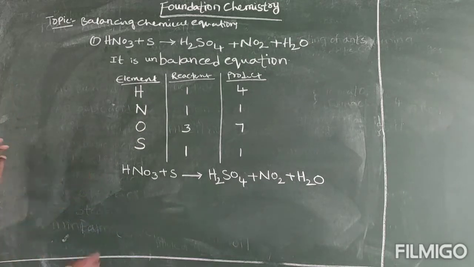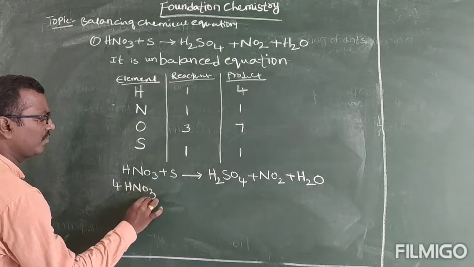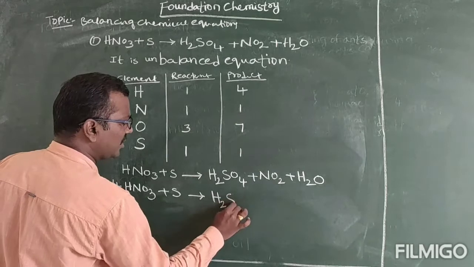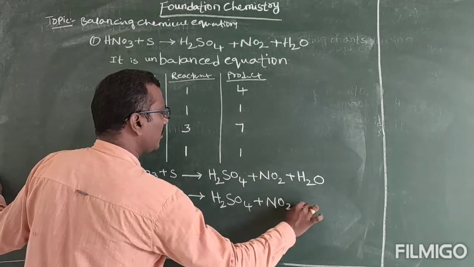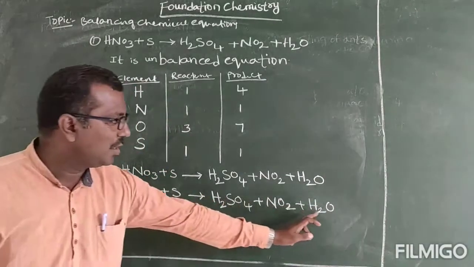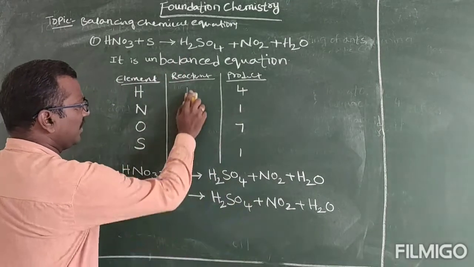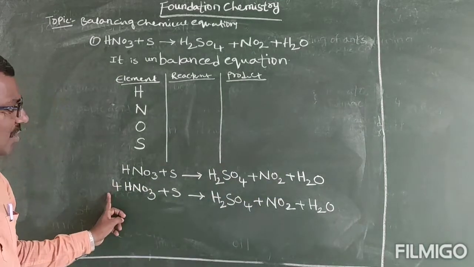Suppose here 4, if I write 4 HNO3 plus S gives rise to H2SO4 plus NO2 plus H2O, so hydrogen is balanced. Now I have to check whether reactant and product sides are balanced or not. Once again I will be checking.